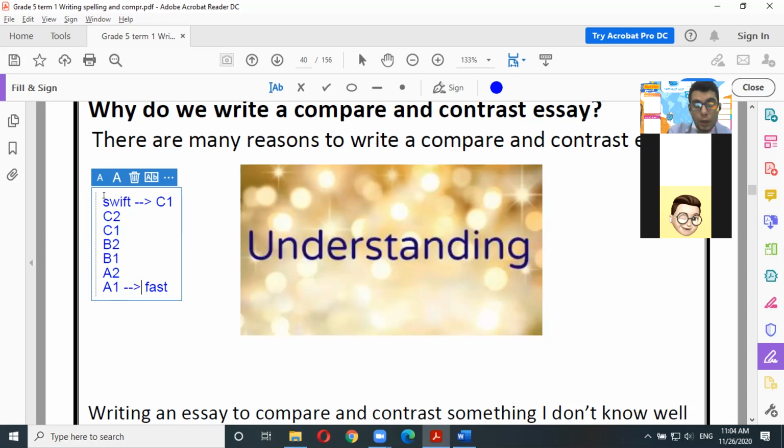But everyone, Mazen, understands the word fast. If your brother was in grade 1 and you told him, what does swift mean? He will not understand. But if you told him that swift means fast, he will understand. So using synonyms or using antonyms are both important, and they both can make you understand the information.